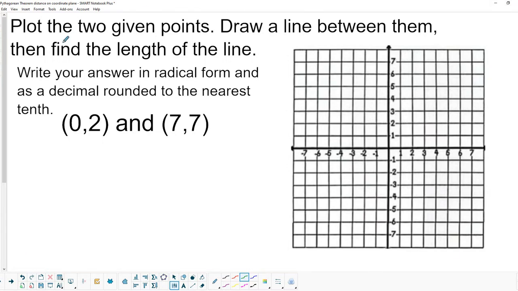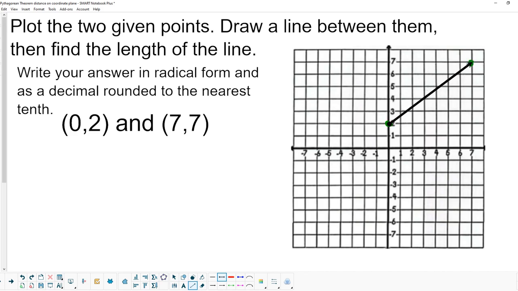So in this case, we actually have to graph the 2 points. So 0, 2 would start out right there. Then 7, 7 would be about right there. So then we connect our dots. Oh, that's not very good. We can do better than that. Let's connect those dots. Let's go ahead and use the line tool.